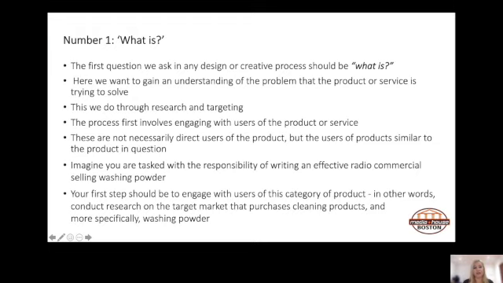In this phase, we want to gain an understanding of the problem that the product or the service is trying to solve. This we do through research and targeting. The process first involves engaging with users of the category of the product or service. These aren't necessarily direct users of the product, but the users of products similar to the product in question.